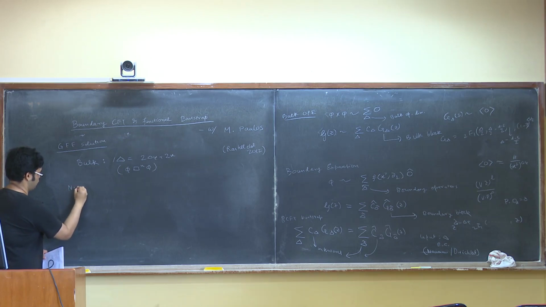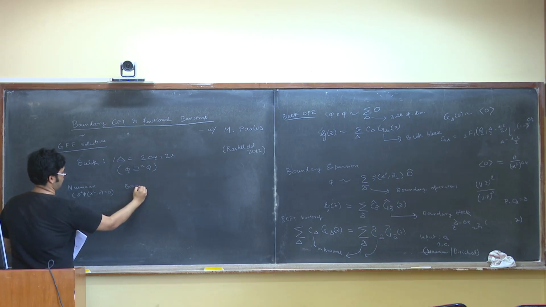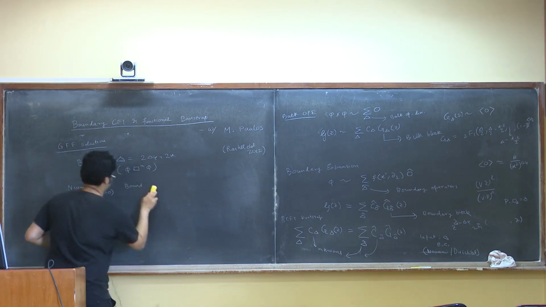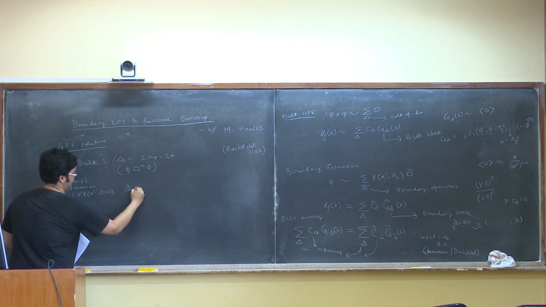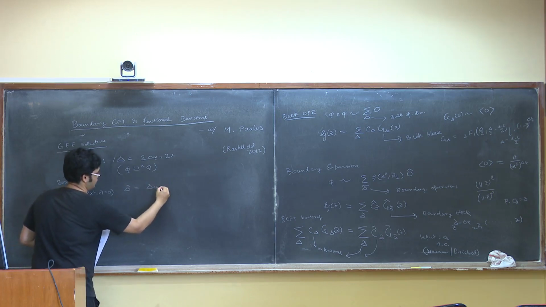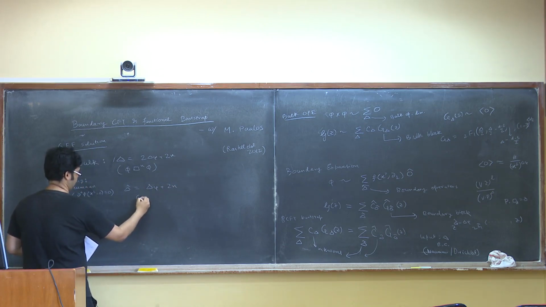So for Neumann, which corresponds to the normal derivative of phi equal to 0, I have boundary operators with delta hat equal to delta phi plus 2n.